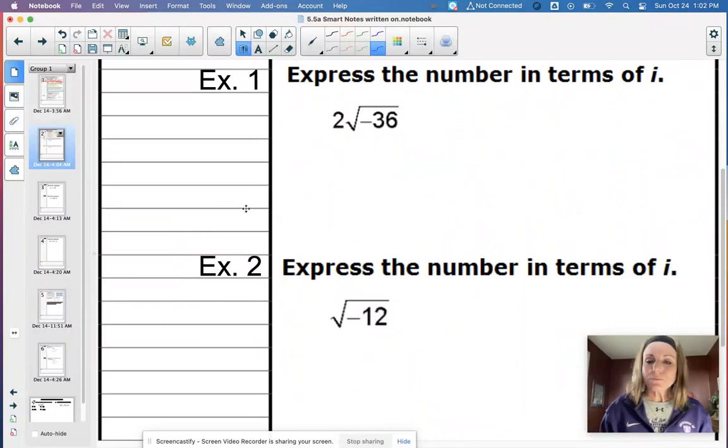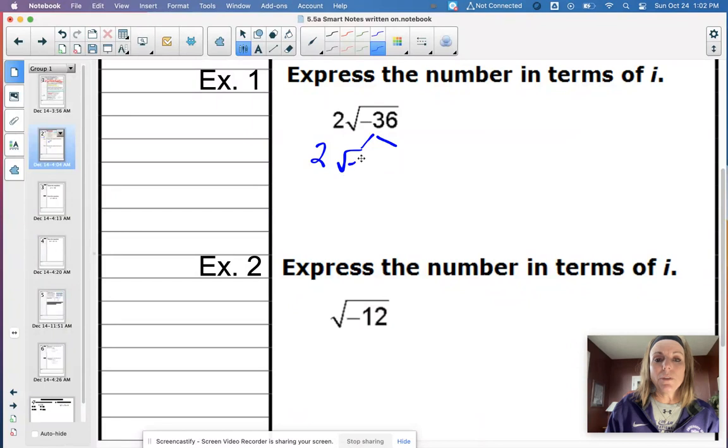Example 1, express the number in terms of i. So number 1, we can bring down the 2, and we can break this up into the square root of negative 1 times the square root of 36. And we know already that that is i. This is times, and that is 6. So 2 times 6 is 12i.